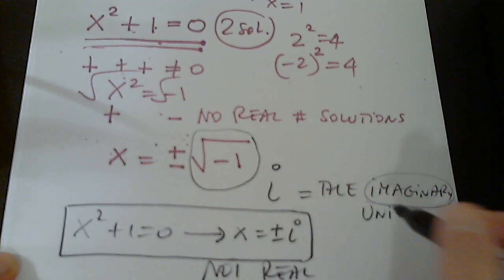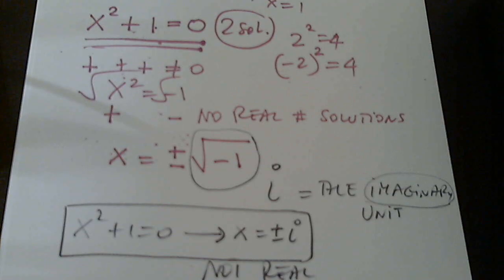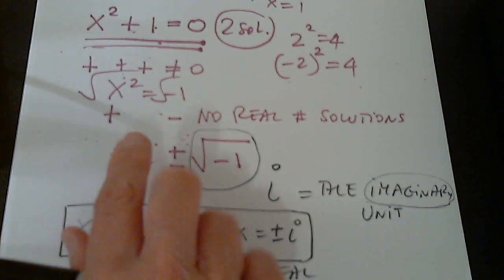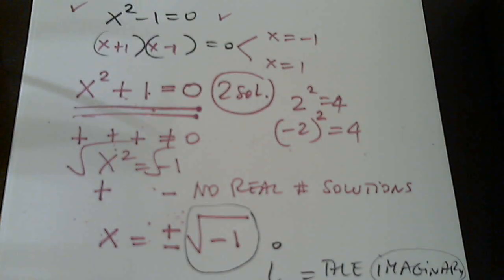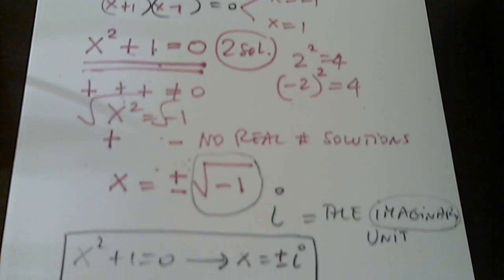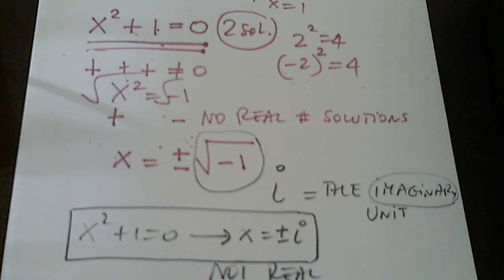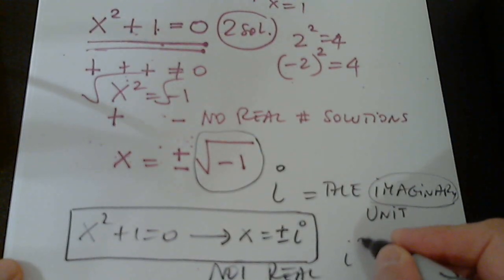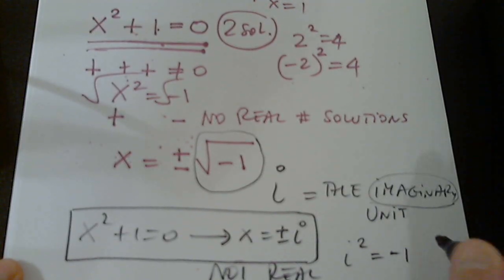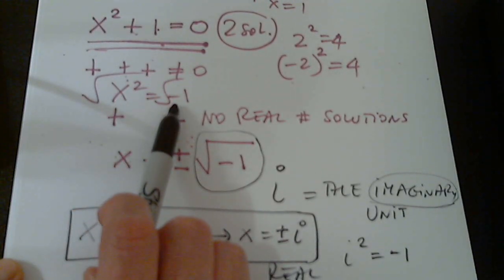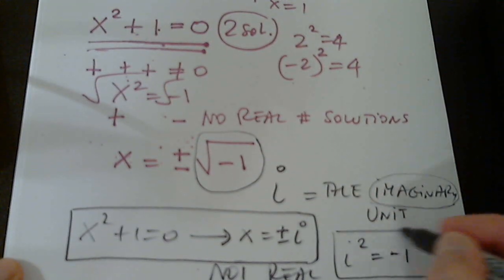That's how i, the imaginary unit, was born, because there was a need to solve this equation. A real number does not solve it, but maybe some other type of number will. They came up with this little i, and said it will solve that equation, plus or minus i. So it means that i squared equals negative 1. Please remember these two.